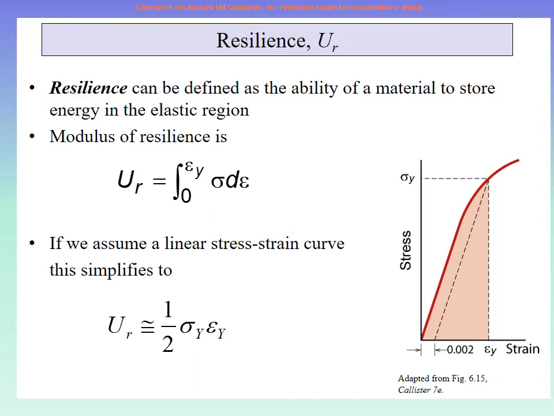But here now let me show you. Resilience can be defined as the ability of a material to store energy in the elastic region. Do you understand? You see, in the elastic region, that is for a metal, it is the linear part of the curve, the straight line part of the curve. So as long as you are in the straight line part of the curve, you are working on the material, so it is deforming.